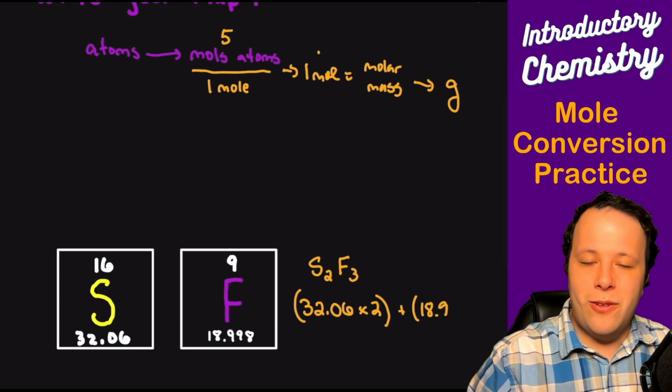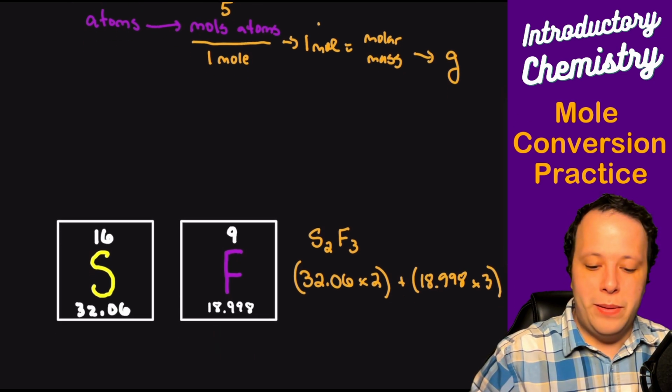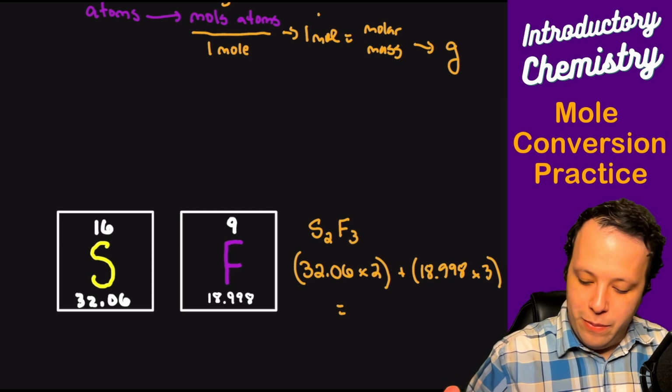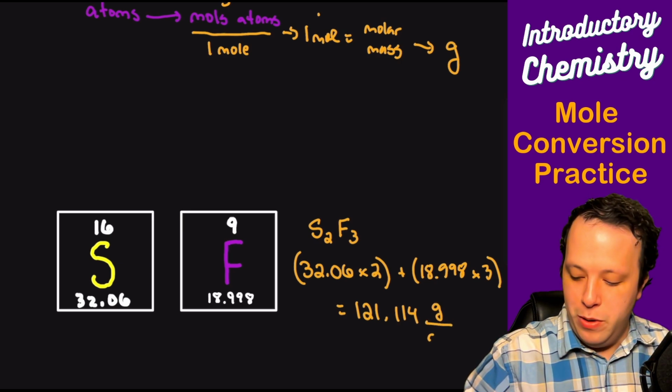So we have 32.06 times 2, and then we're going to add that to the molar mass of fluorine, and being that there's 3 of them, what we are going to end up getting from this part of the problem is a molar mass of 121.114 grams per mole.